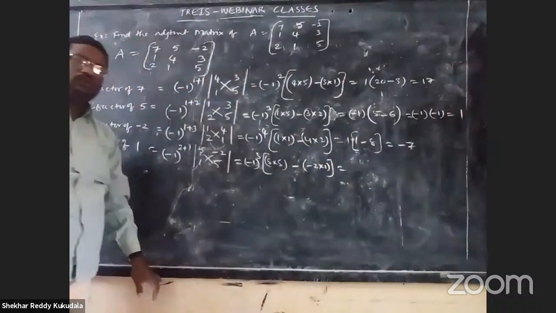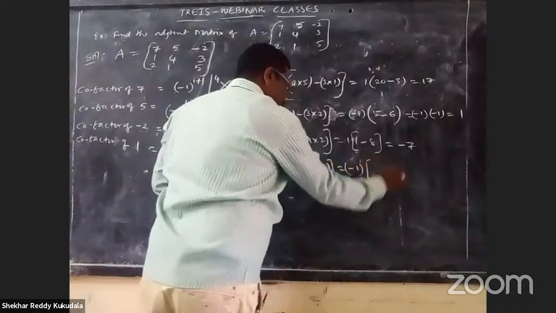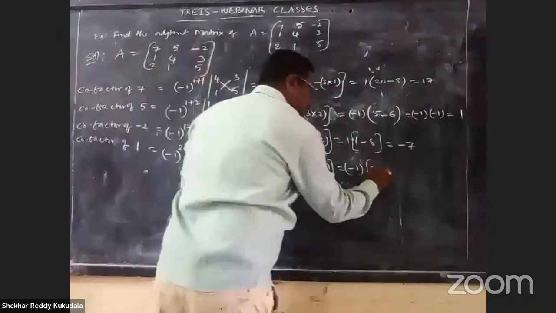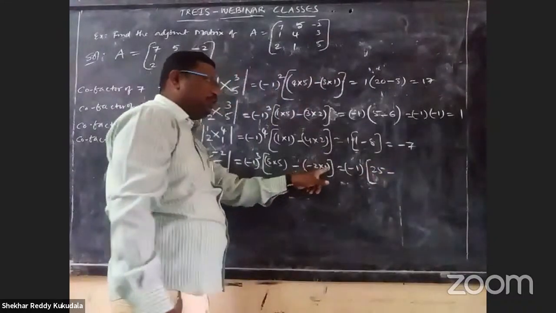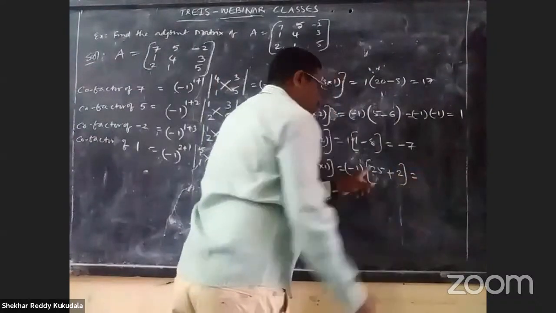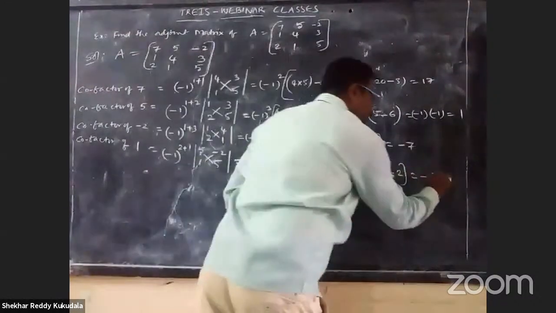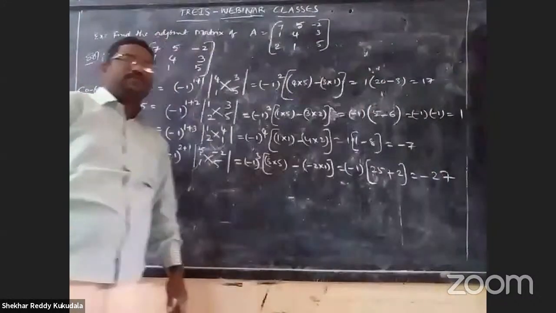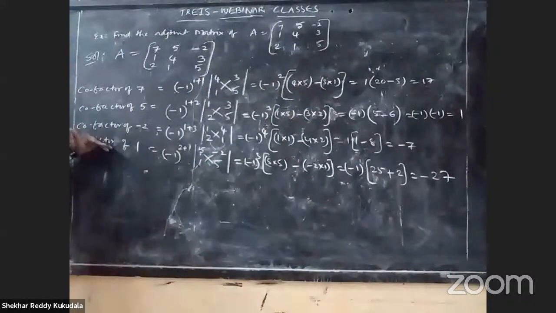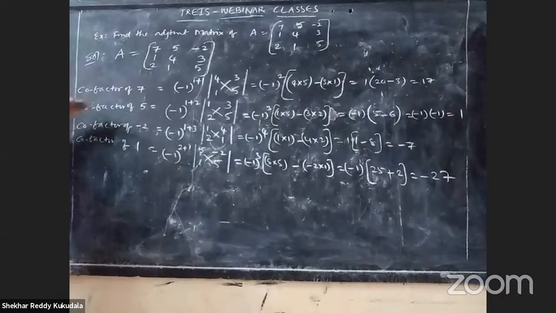Minus 1 whole cube is minus 1. Next, 5 fives are 25, minus 2 into 1 is minus 2, and minus of minus becomes plus 2. 25 plus 2 is 27. 27 into minus 1 is equal to minus 27. Now for 4 elements we could find out the cofactors.